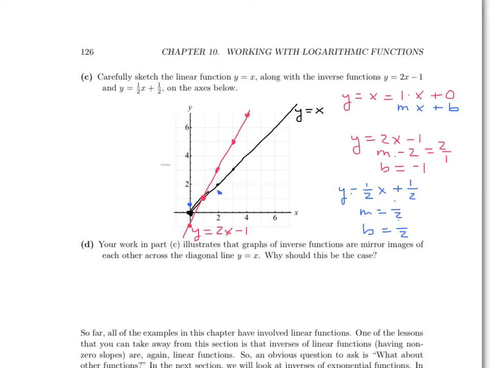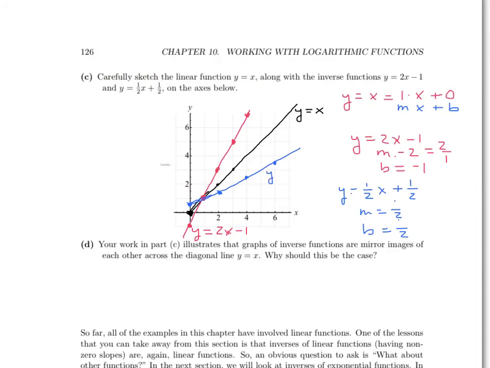If I start there and I go 2 units to the right and 1 unit up, I arrive at this point. Again, go 2 units to the right, 1 unit up, and you arrive at this point. So this line looks like this.